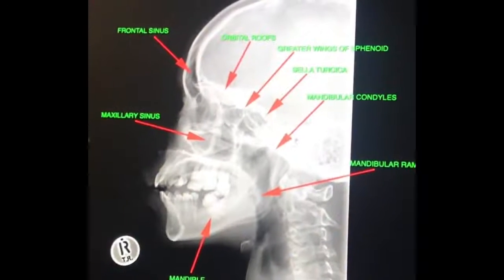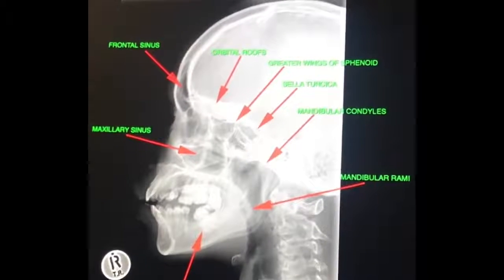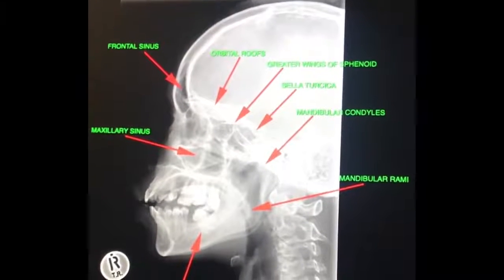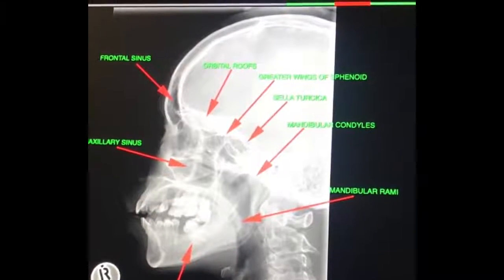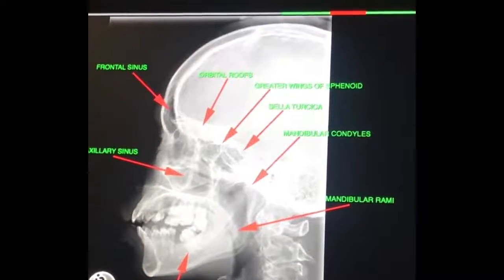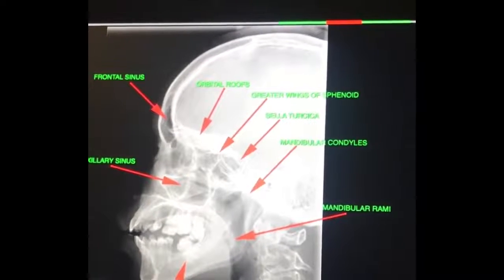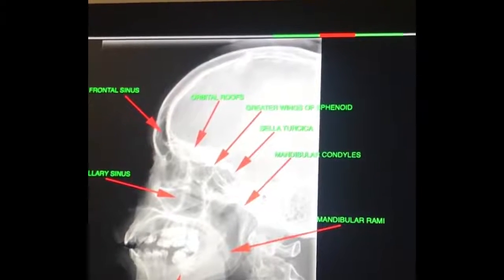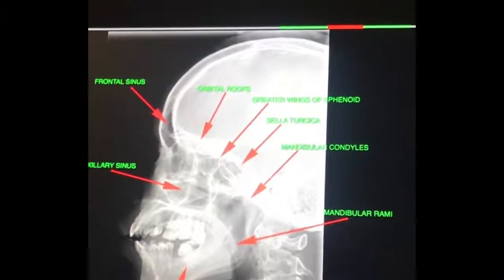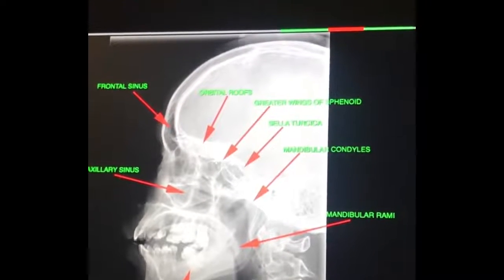So your evaluation criteria for your lateral view of your facial bones, in terms of rotation, you shouldn't have any rotation or tilting on your image. So how do we know whether there's rotation or tilting? If it's rotation, you'll have an anterior to posterior separation of your symmetric vertical bilateral structures. For example, your mandibular rami, which is around this area here, and also your greater wings of the sphenoid.